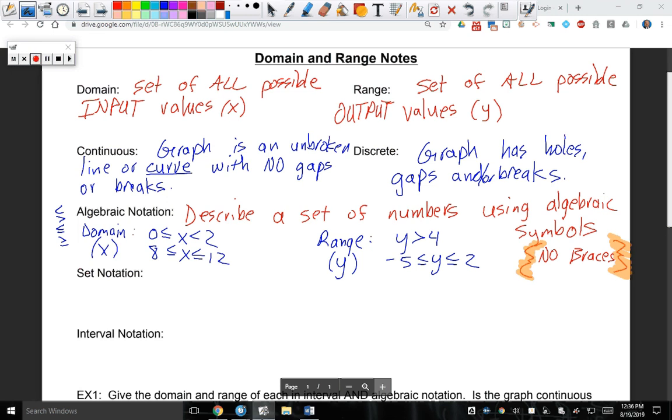The interval notation, let's jump down to interval notation. The interval notation is going to basically be the same, but we're going to use parentheses and brackets. Okay? So we're going to say use parentheses to represent values not included.